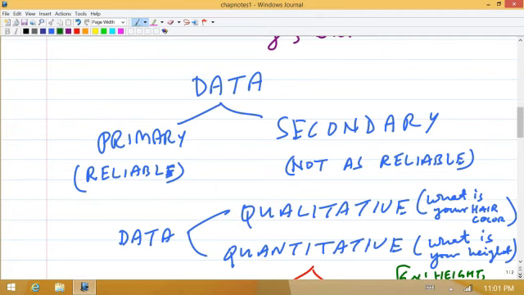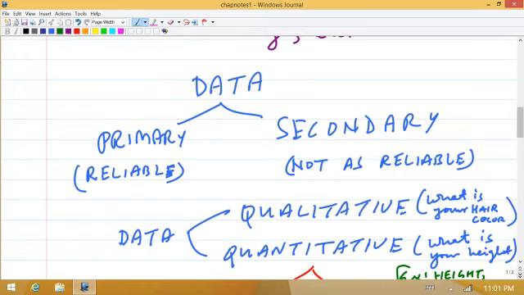In another way, we can also differentiate data in terms of qualitative data and quantitative data. Qualitative data is what is called categorical data. For example, the color of your hair is what we would call qualitative data. On the other hand, your height would comprise what is called quantitative data.